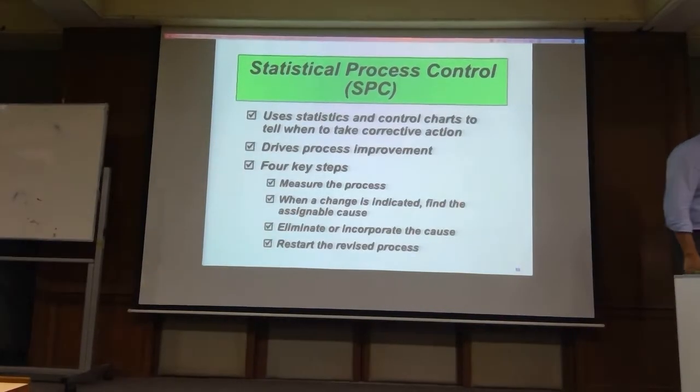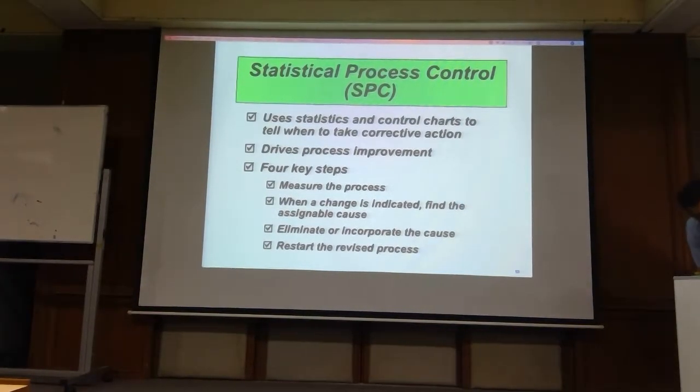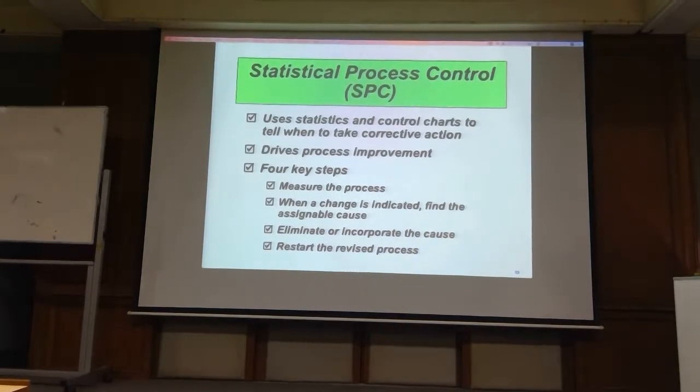This is the SPC that I just mentioned, right? So we're using statistics to handle and test the process that you're interested in, whether it is in or out of control, right? So we measure the process, we look at the plotting.